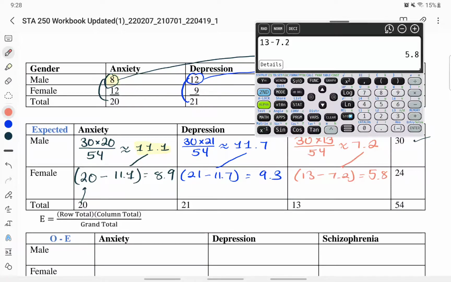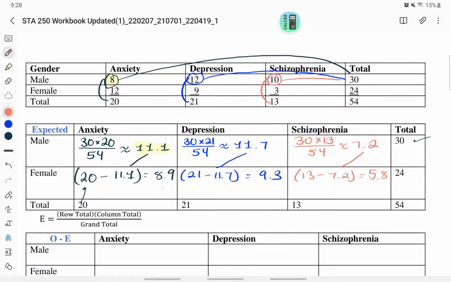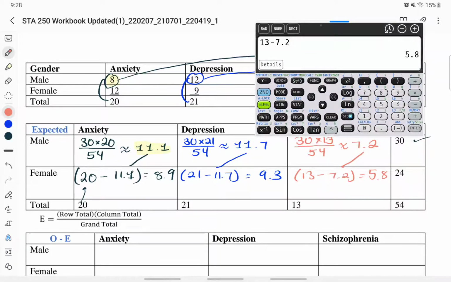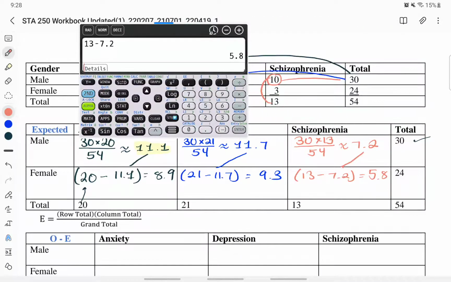So we are expecting 5.8 females to have schizophrenia. And when you add these together, let's add them together because I didn't do that: 8.9 plus 9.3 plus 5.8 equals 24, because there are 24 females in total.